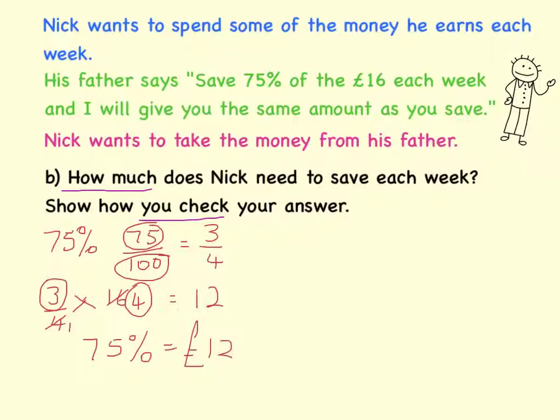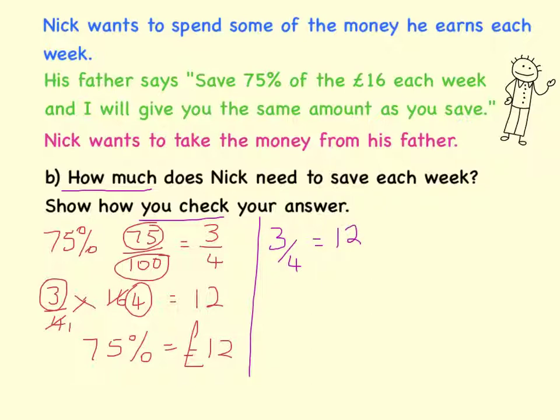Now, we've been told in the second part of this question that we need to check our answer and show how we've done it. We know that 3/4 of the £16 is £12 because we've just worked it out.